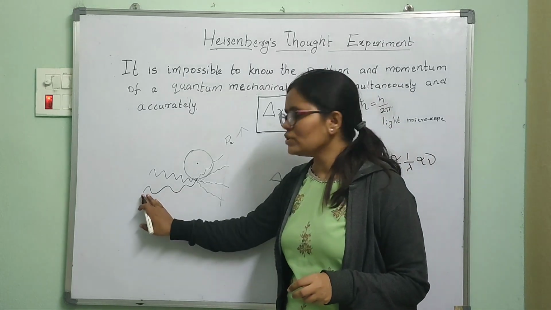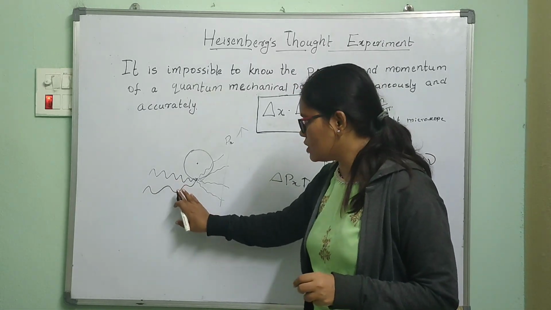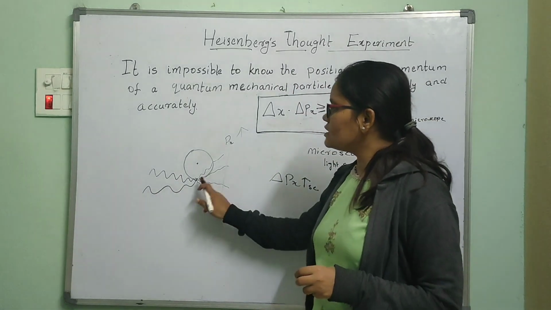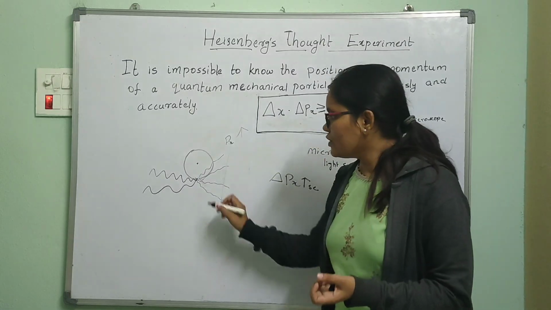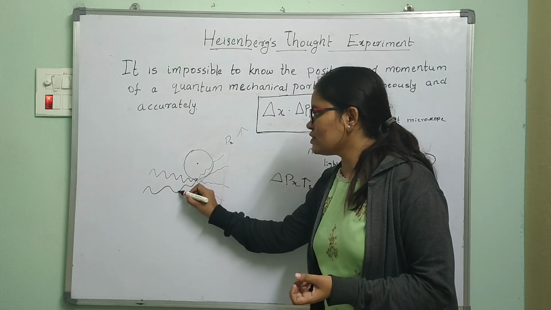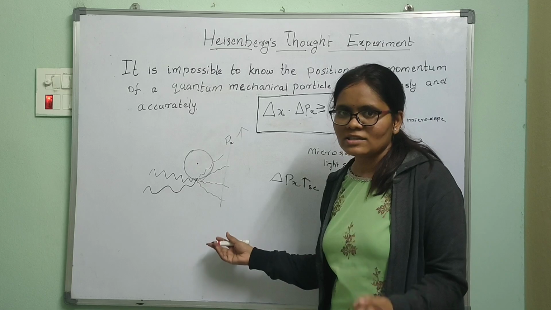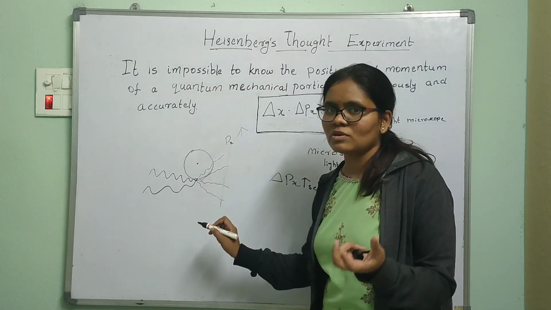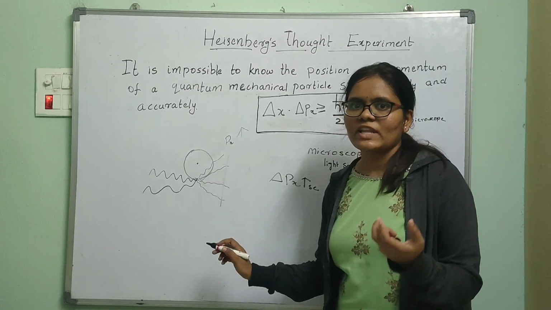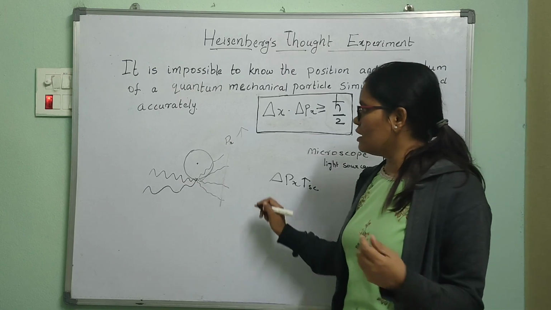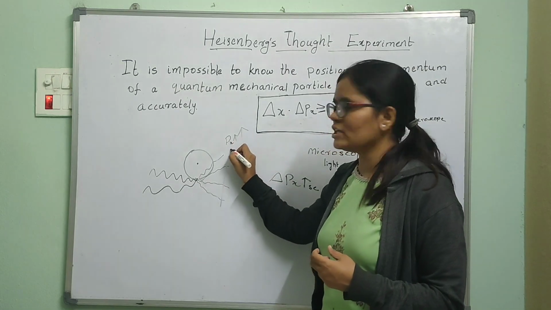So now what happens when you use a light wave of lower energy? This electron will not absorb a lot of energy from this light, because this light source has less energy. So the electron will absorb less amount of energy. That means there will not be a large shift or change in the momentum.